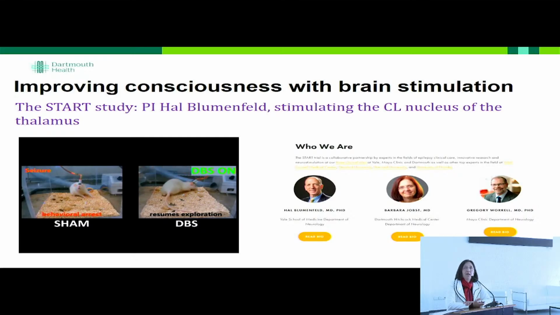So how did I come to this? Hal Blumenfeld, who you see here, comes to me and says, "Hey Barbara, I want to do this study where we stimulate the CL nucleus of the thalamus to keep people more conscious during seizures." And I'm like, I don't think so.